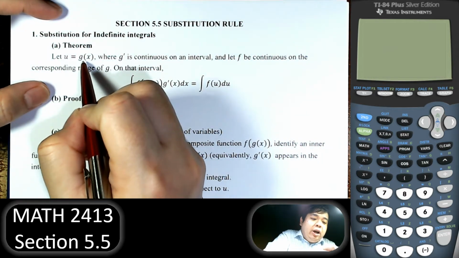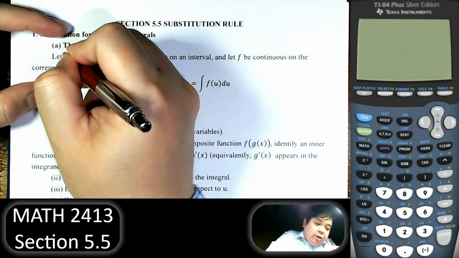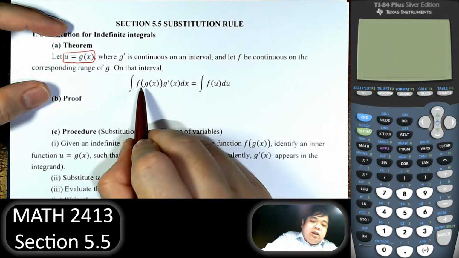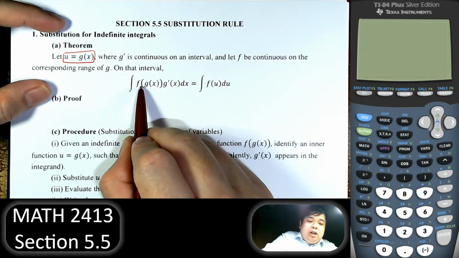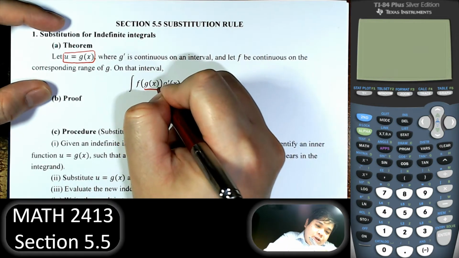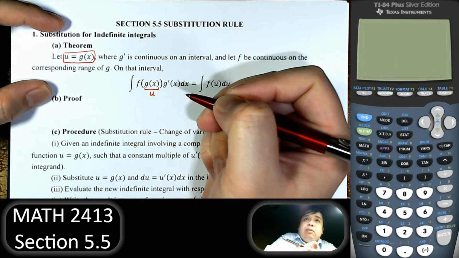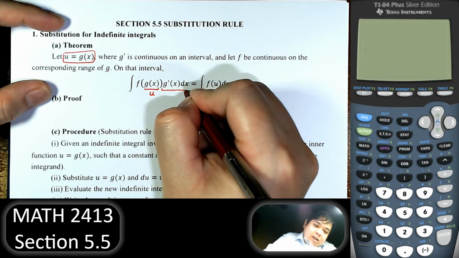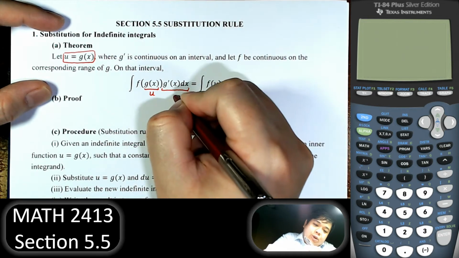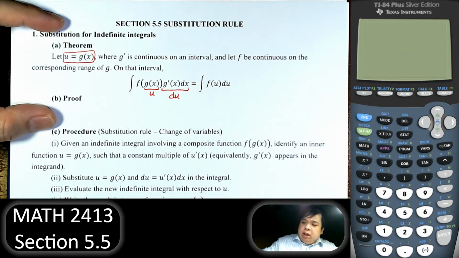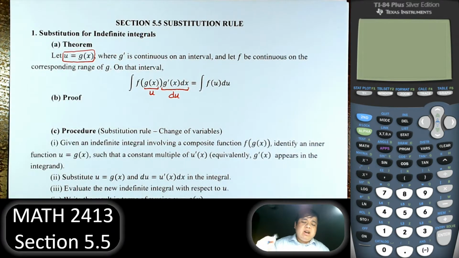We have u equal to g of x, and now the function is f of g of x, which here of course is u, and then this will be equivalent to du, and then we just integrate both sides. So the proof is very simple.